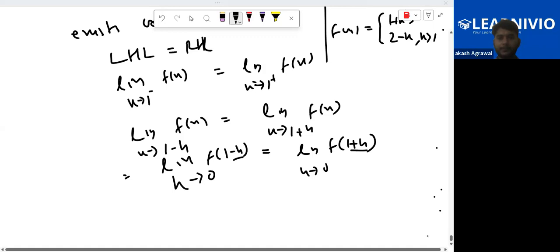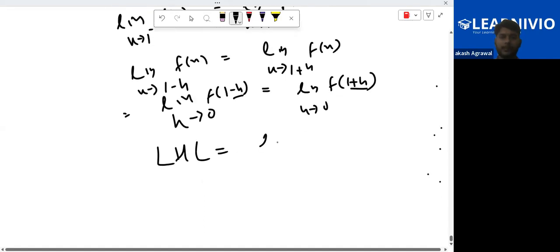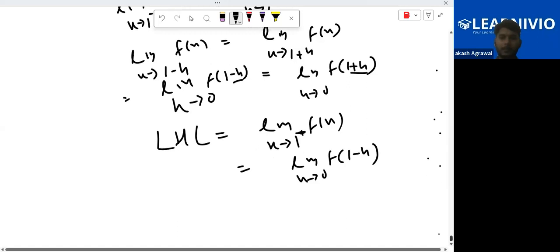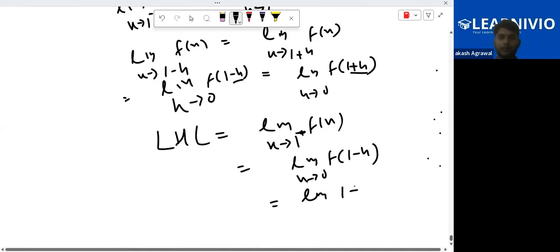Got the answer, anyone? LHL will be limit x tending to 1 minus f of x, so it is limit h tending to 0 f of 1 minus h, and for the value of x less than 1 we have to use this function 1 plus x square, so it is limit of 1 plus x square, that means 1 minus h whole square, h tending to 0.